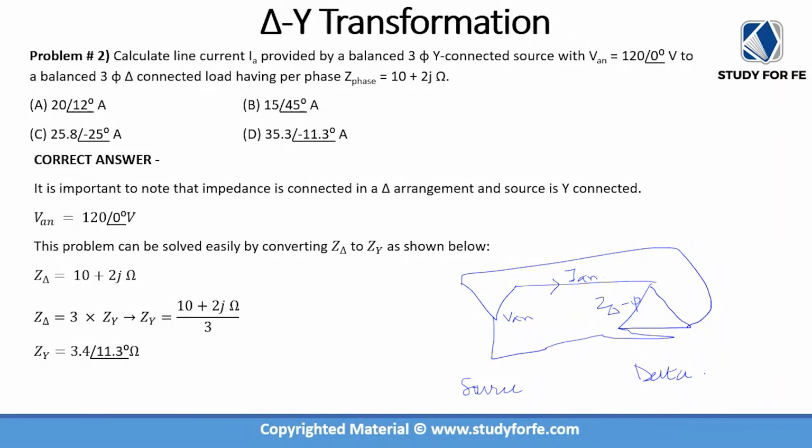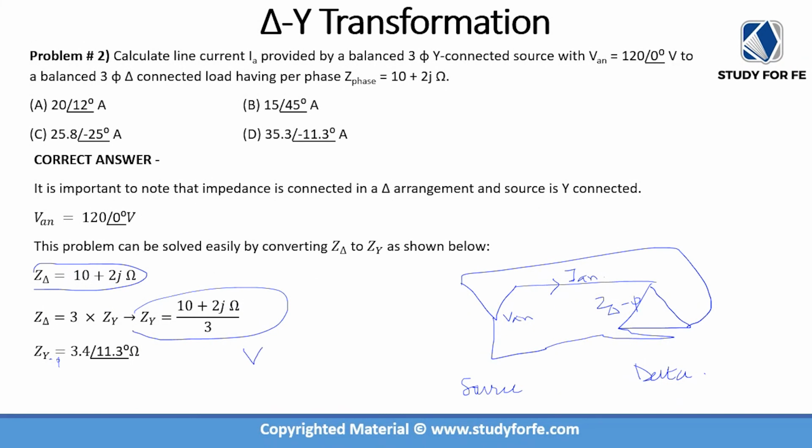So the obvious thing is that we are going to do a transformation. You are given a Z delta, so we know that Z delta is equal to 3 times ZY, or ZY is equal to Z delta divided by 3. When you do that, you find that your ZY per phase is equal to 3.4 with a phase angle of 11.3 degrees.